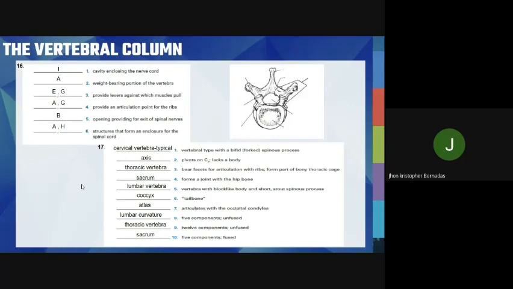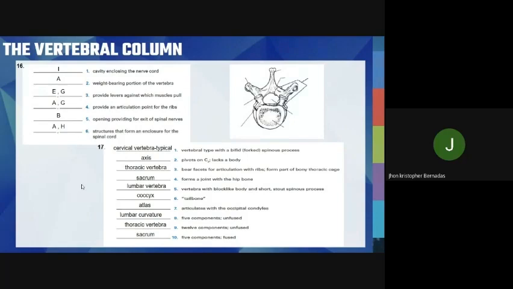So for the vertebral column, number one, we have cavity enclosing the nerve cord, and our answer is letter I, which is vertebral foramen. Next, we have weight-bearing portion of the vertebra, and our answer is A, which is body.